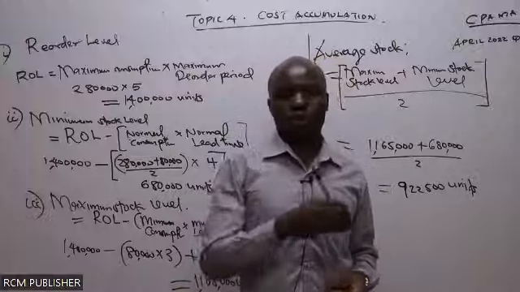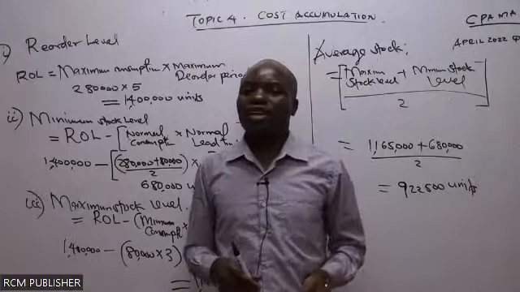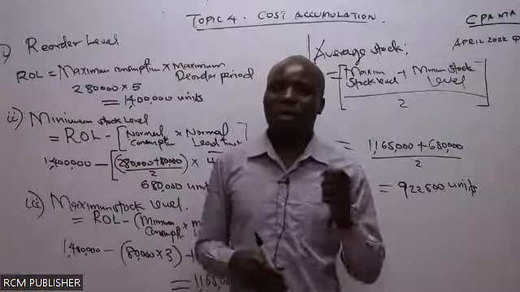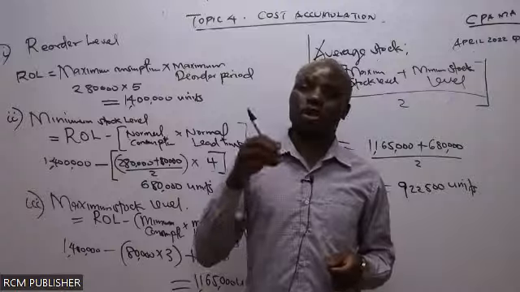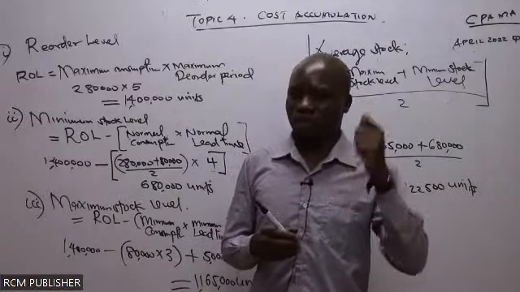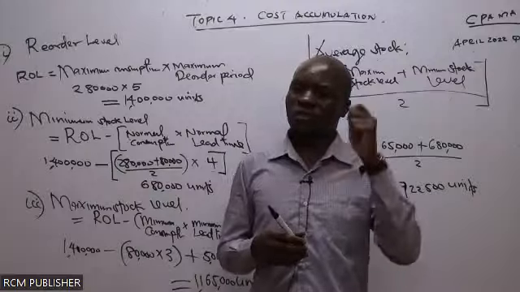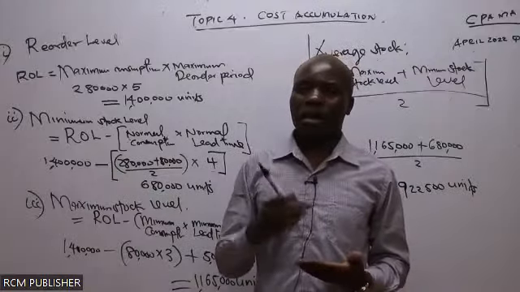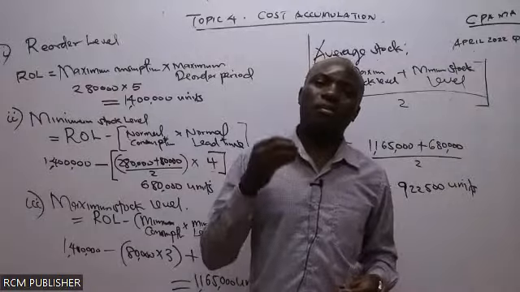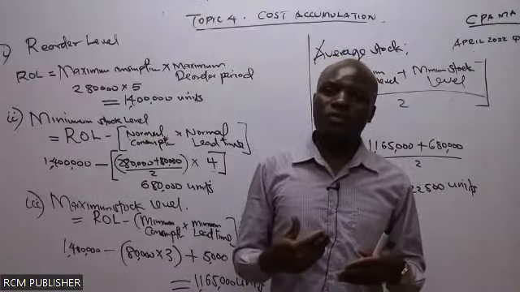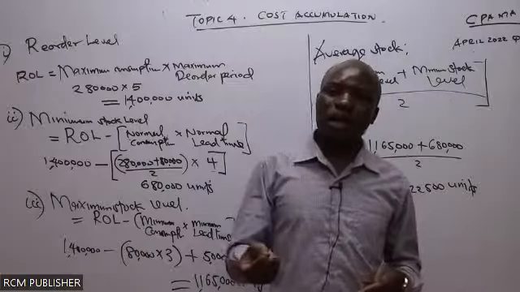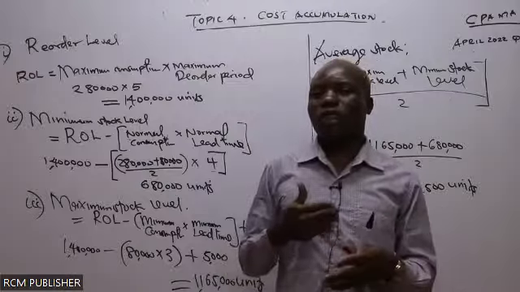The ordering cost, the amount that I incur to transport goods that I've purchased from the supplier to my premises, is going to be constant. It does not change. The purchasing price of these goods, when I go to the supplier, I'm going to pay them some amount so that they give me the goods, so that I change the ownership of these goods from the supplier to the ownership of the company.